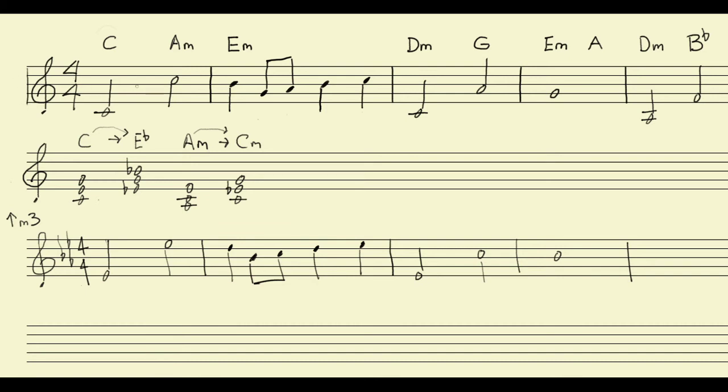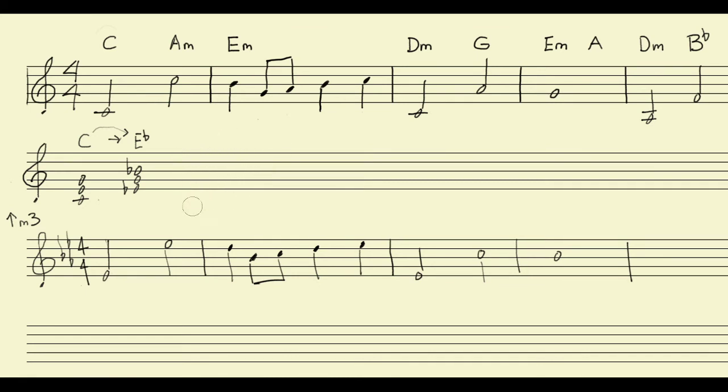So when we transpose our chord symbols, our root, the note on which we are basing the chord, is going to move up by a minor third, or whatever the interval is that we're transposing by. But the quality of the chord, whether it's major or minor or diminished, is going to stay exactly the same.